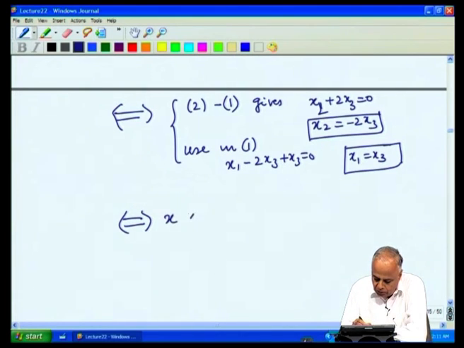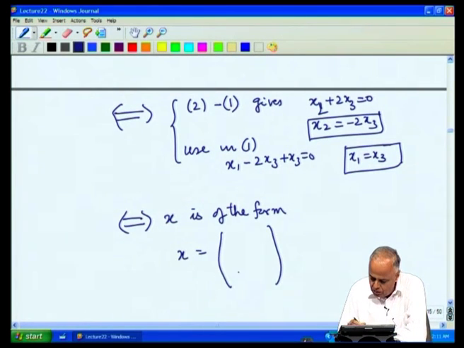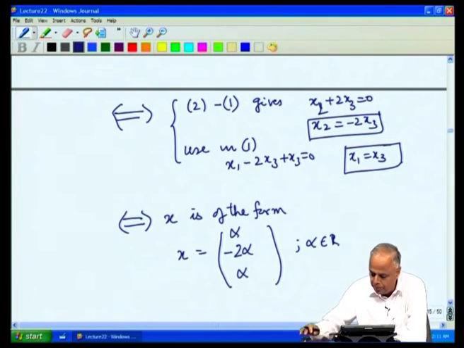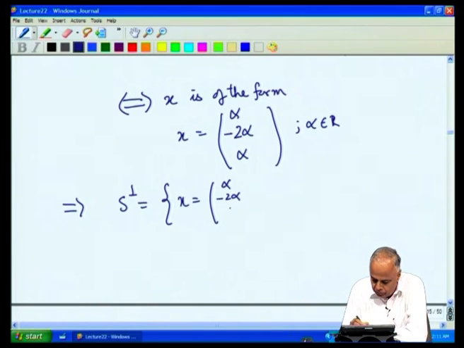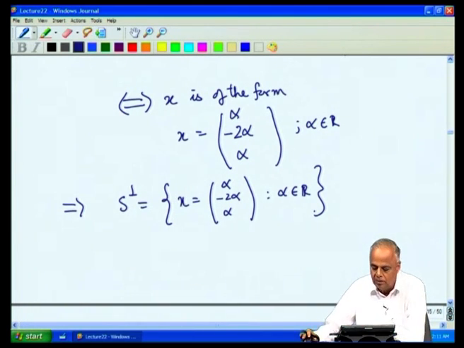So, if and only if x is of the form, if we choose x 3 as alpha, x 1 has to be chosen as alpha and x 2 has to be chosen as minus 2 alpha, and therefore, we get S perp consists of all vectors of this form, where alpha belongs to R, and this is clearly a subspace and that can be easily verified.